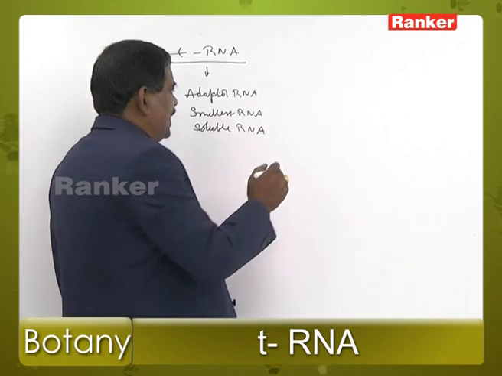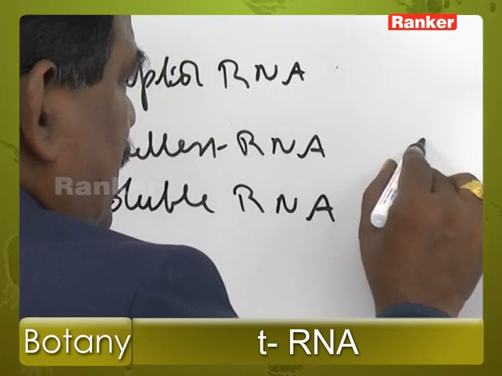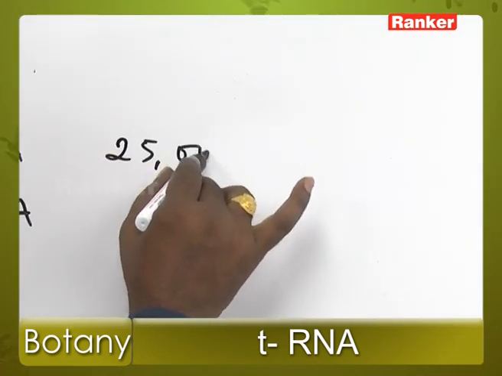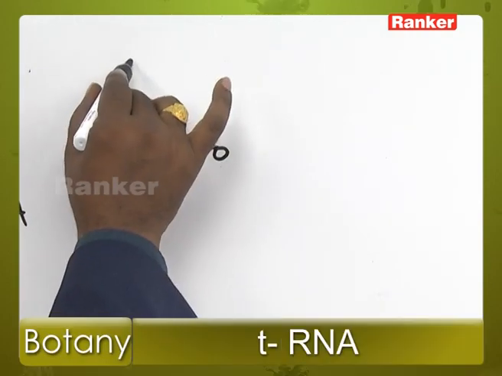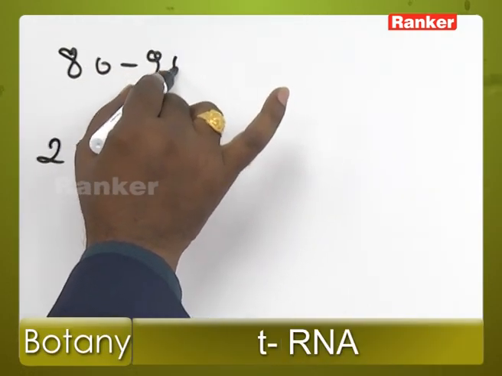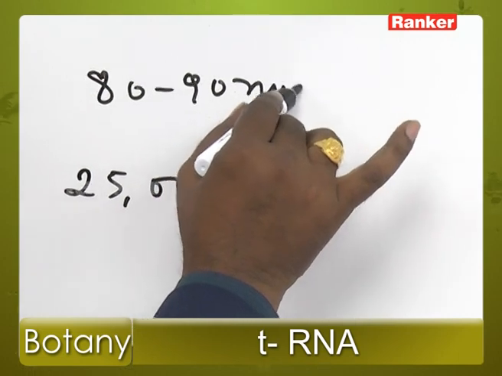The molecular weight is 25,000 Daltons only. It consists of 80 to 90 nucleotides.